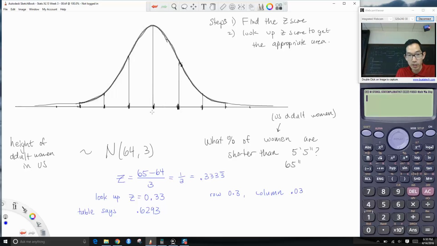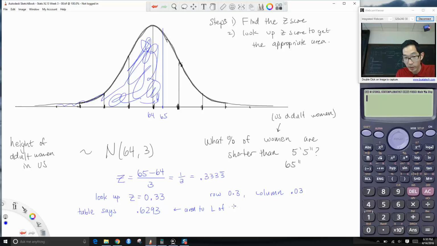The table always gives us the area to the left. So essentially, I've got 64 right here, I've got 65 right here, and I'm shading everything to the left. And that is the area that I want. This is the area to the left of z equal to 0.33, and that is our desired area because it says shorter.